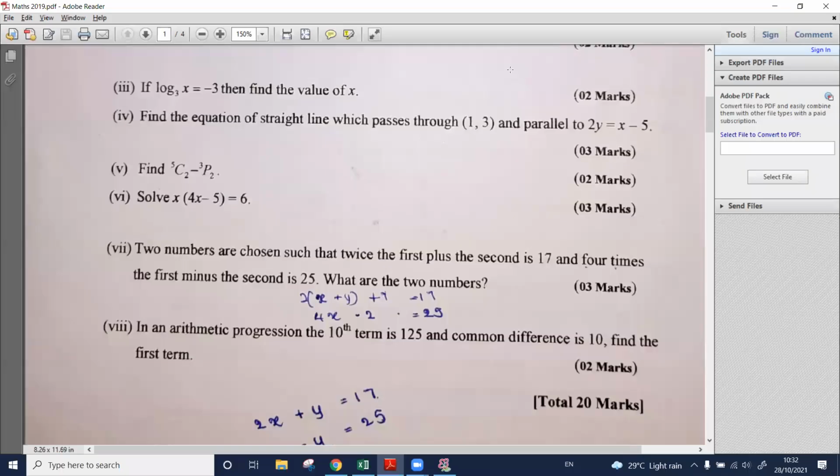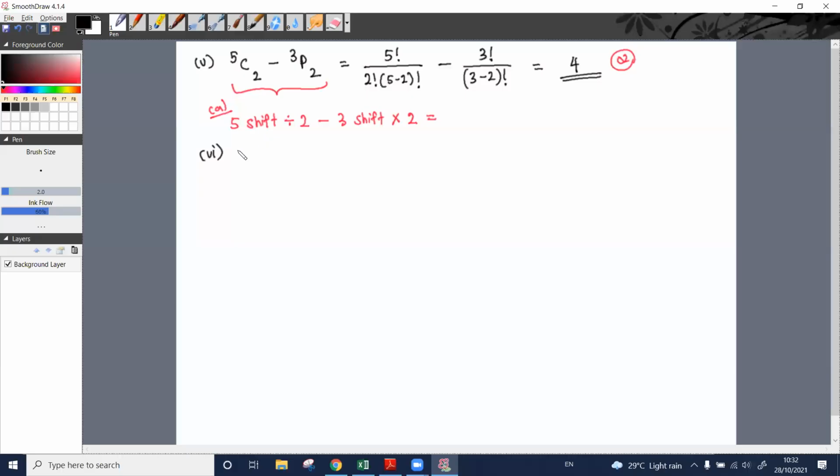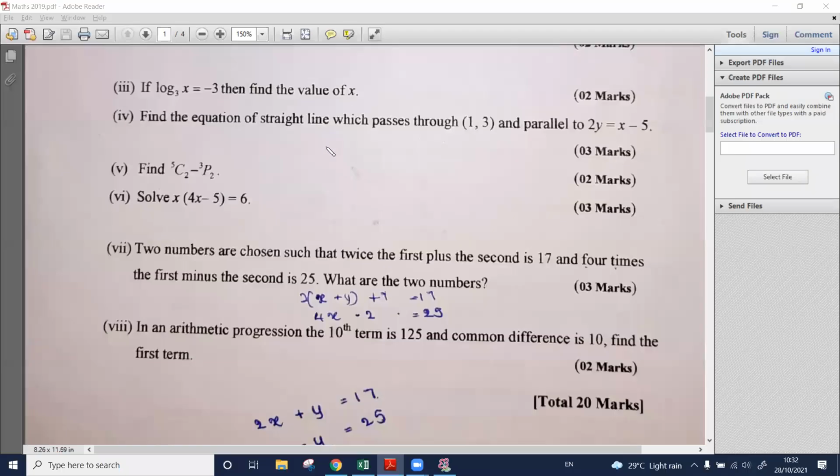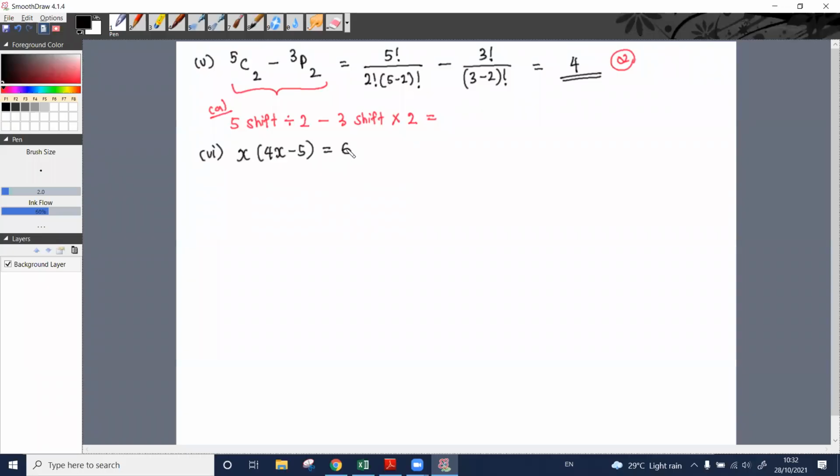Right. Part 6. Solve x into 4x minus 5 equals 6. First, we need to remove these brackets.